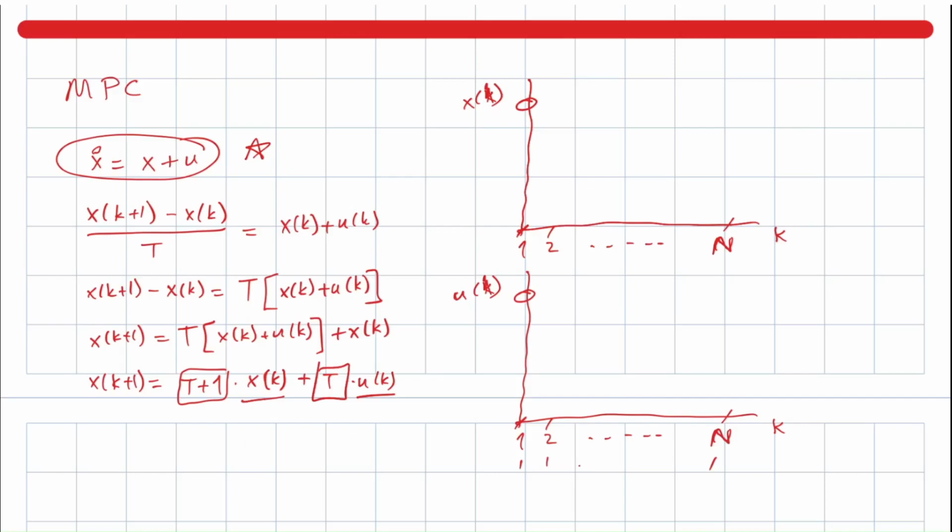Since u is in R, this is not a vector type problem for the motivating example that we are looking at. So we need to solve this optimization problem, and our decision variables are N numbers. We need to find those N numbers.